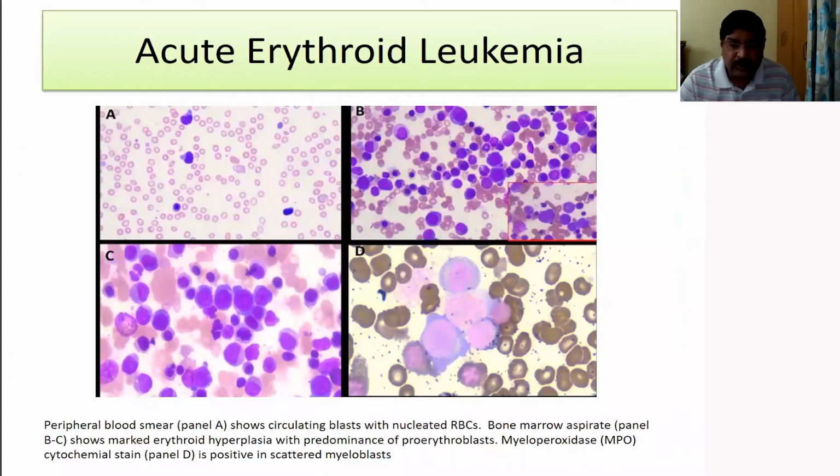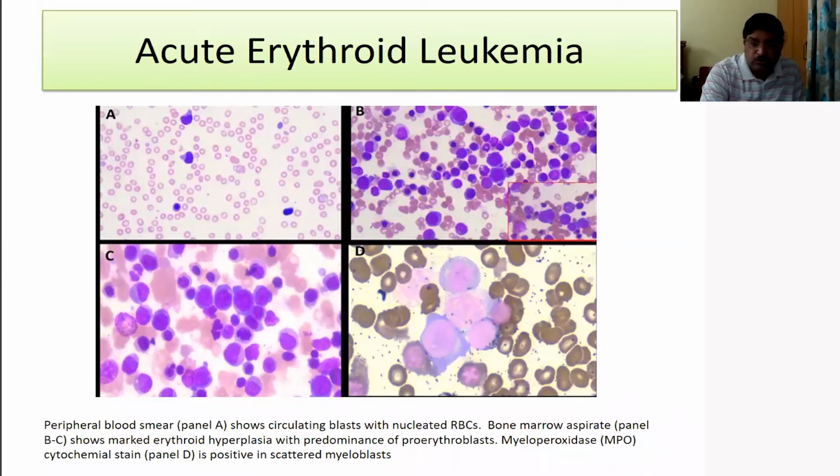So sometimes you will have acute erythroid leukemia. In the 2017 classification, you have it as pure erythroid leukemia, whereas in 2022, they have removed pure erythroid leukemia. So it is morphologically defined if they are all erythroblasts, which are more than 90% of the bone marrow cells.